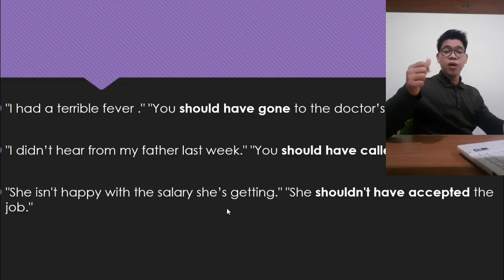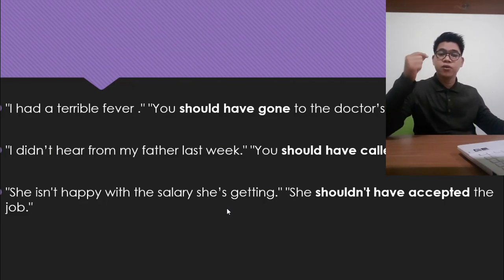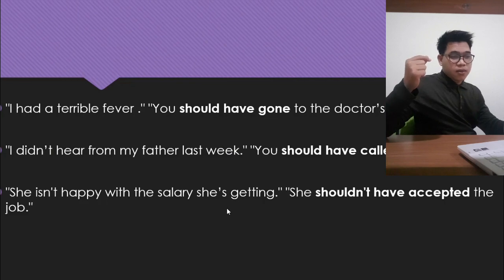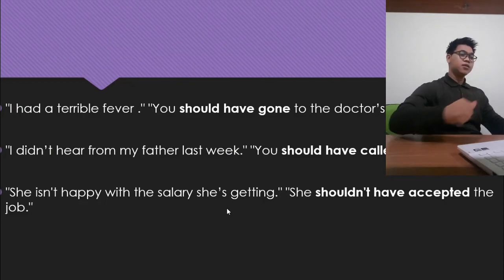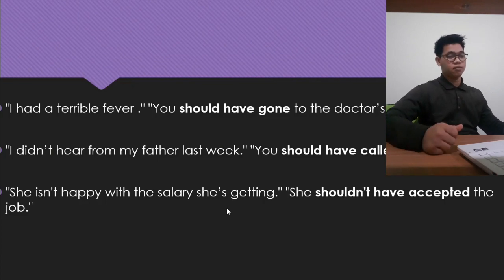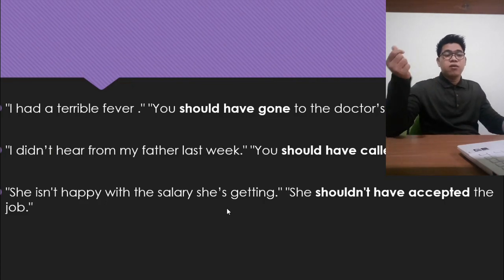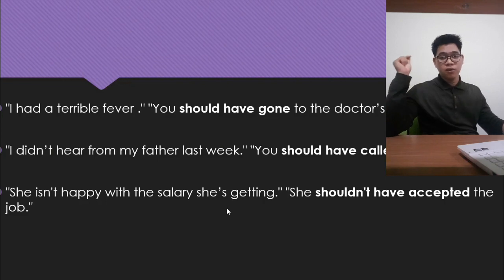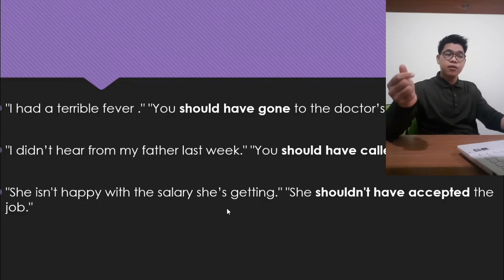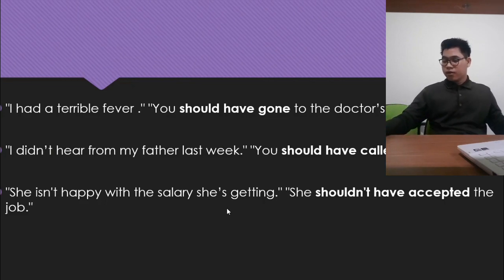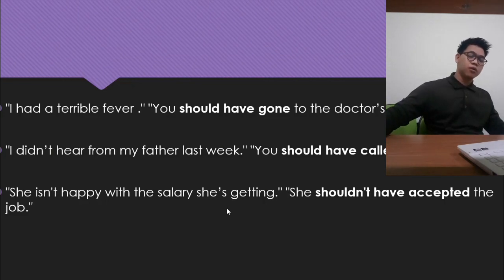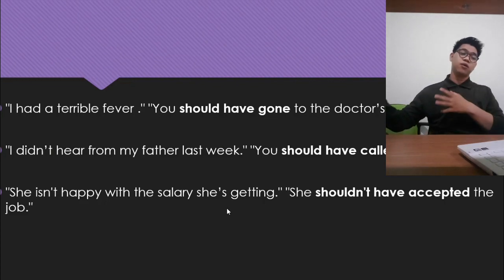This is the amount of money that you get after you have done your job for a month or per week, etc. That's salary. She isn't happy with the salary because it is too little or isn't enough to buy things.